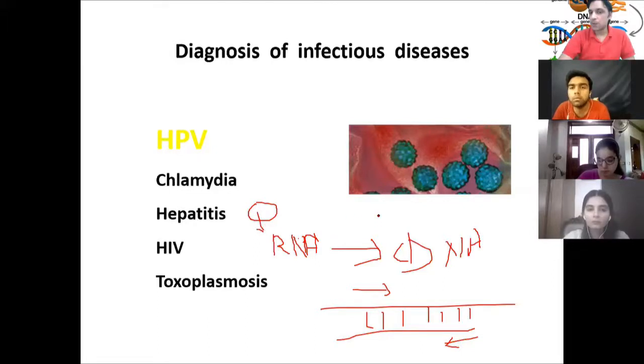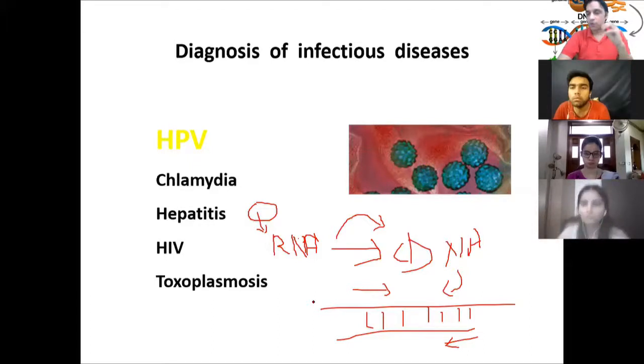You should be able to convert it into cDNA, and you should be able to amplify the cDNA as well. The amplification of the product lets us know that the person is carrying SARS-CoV-2, and that is how we can detect the presence or absence of that virus in the sample.